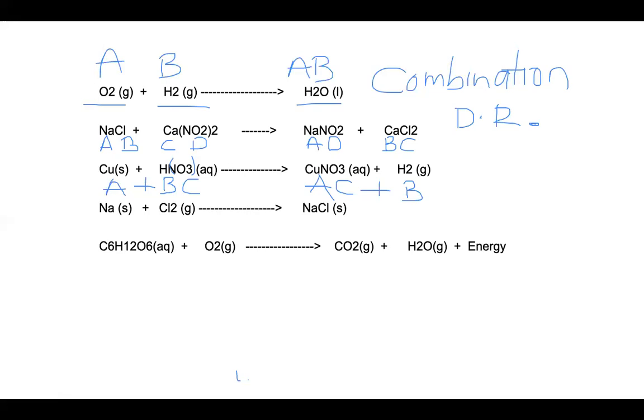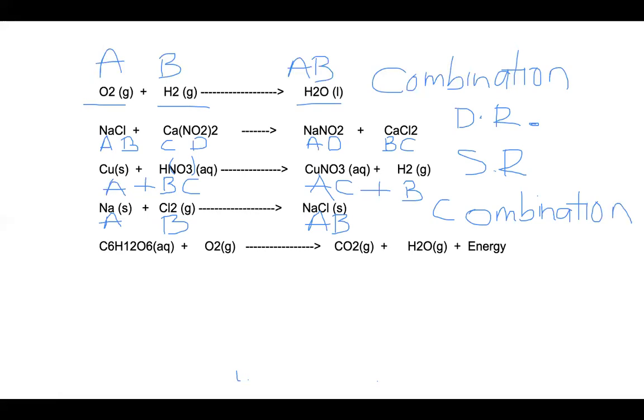So this is a single replacement, okay? Then we have sodium plus chlorine, and after the reaction takes place, we have only NaCl. So this would be a combination, or synthesis.